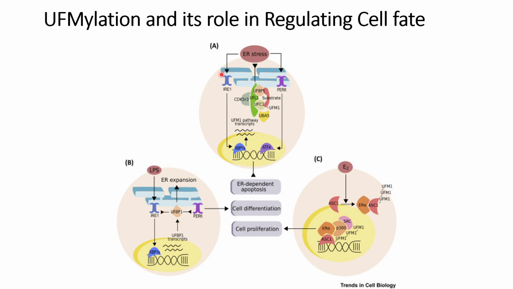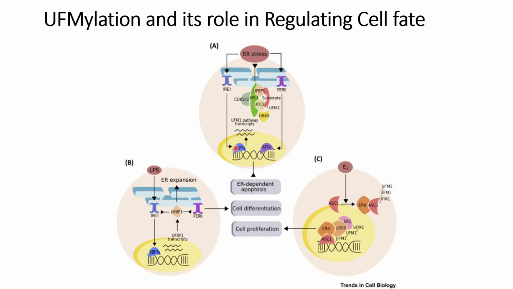So this ER stress will trigger the IRE1 alpha and PERK pathways, and that will lead to the upregulation of XBP1 and ATF4. And XBP1 is in the spliced form, that is, the intron will be removed whenever the ER stress is there.